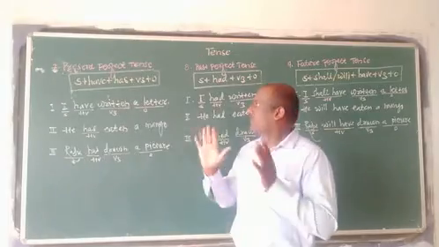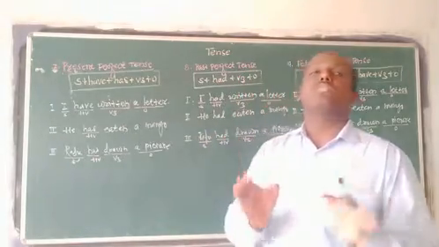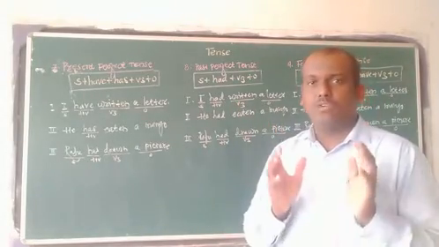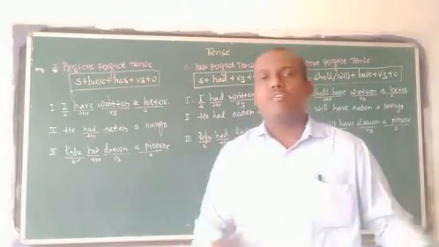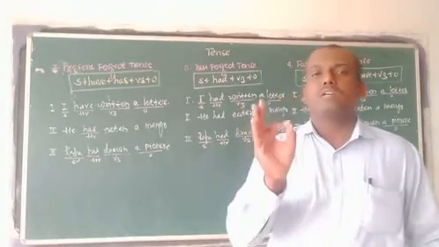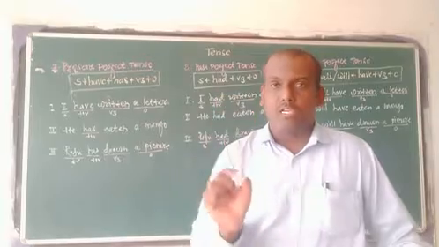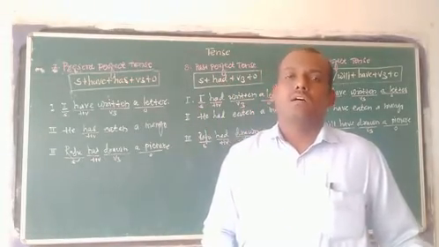Subject plus have or has plus V3 plus O. That is sufficient. If you want to study present perfect tense, you must remember subject plus have or has plus V3 plus O. That is enough to understand this particular tense.